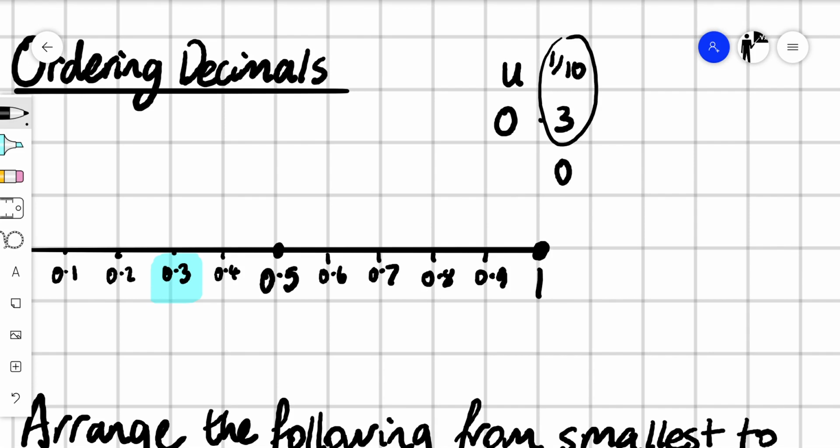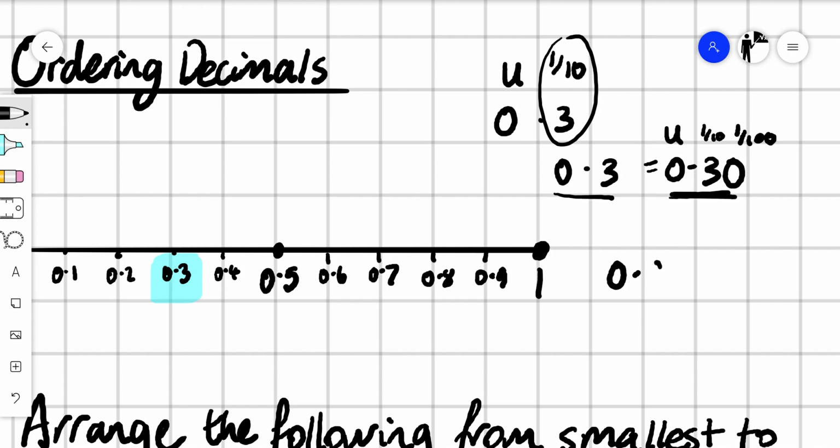But 0.3 is the exact same as 0.30, because what that's saying is there's 0 units, 3 tenths, and 0 hundredths. Although this looks like 3 and this looks like 30, they actually represent the same amount.